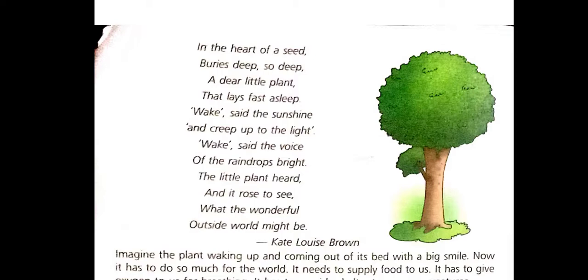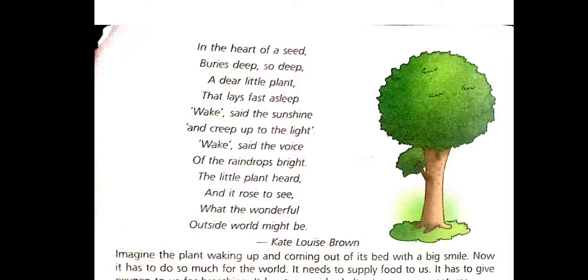See, in the poem, the poet said that a small plant is present inside a seed. When sunshine falls on it and it gets the air and the light, a small plant comes out from the seed.